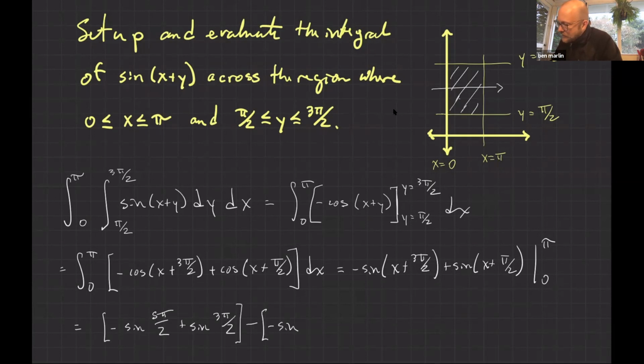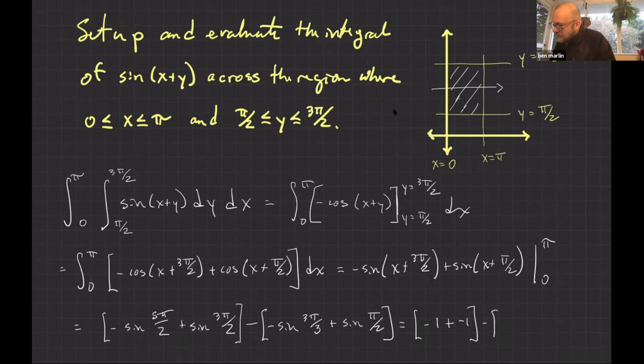We're plugging in the 0 this time, so it'll be 0 plus 3 pi over 2 plus the sine of 0 plus pi over 2. All right, and all those are super nice numbers, so we can totally do this almost in our heads. 5 pi over 2, the sine of that is positive 1, and 3 pi over 2, the sine of that is negative 1.